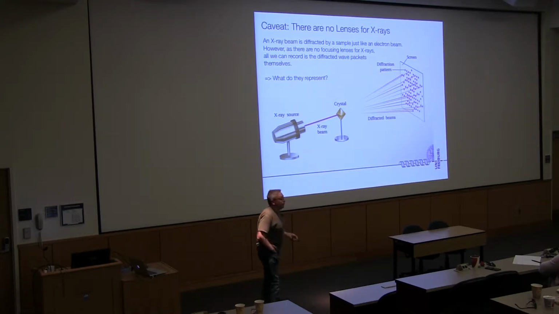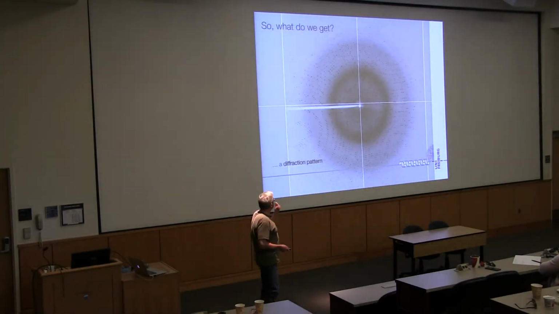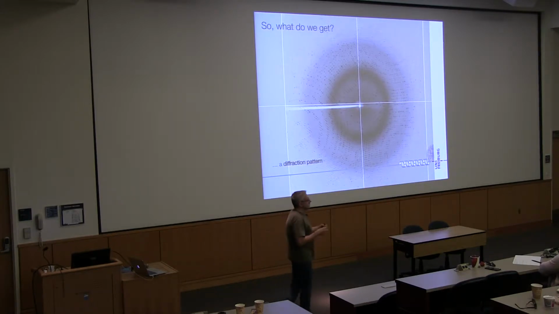Now, what do we have here? We have what we call a diffraction pattern. And this diffraction pattern in real life looks, for example, like this. So this is an actual protein diffraction pattern. And that is an image that represents your crystal, and that's the important part, the contents of your crystal.